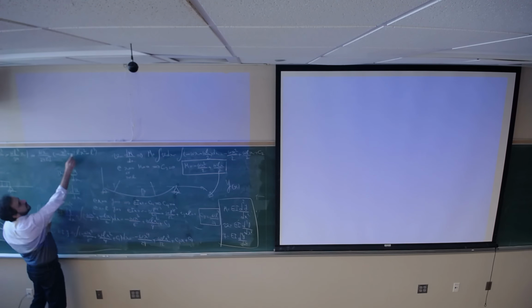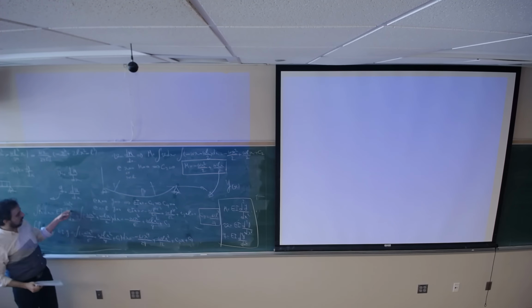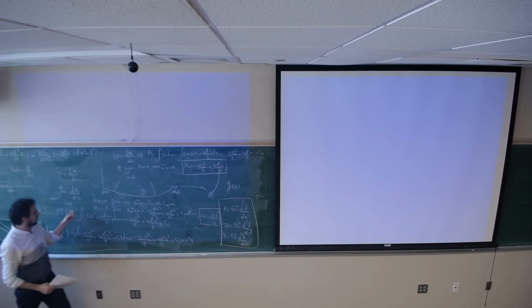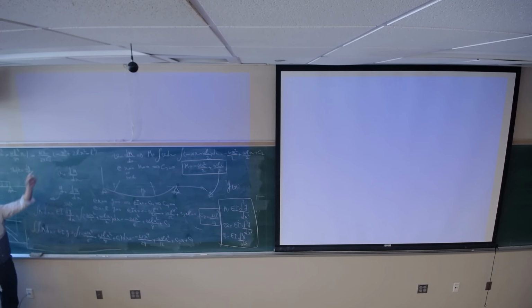Now, at any specific point of this beam, whatever x is, L over 2 or any other point, if you plug in x here, you can find y. This is the deflection. If I ask you to find the slope, dy over dx, you can differentiate this with respect to x.